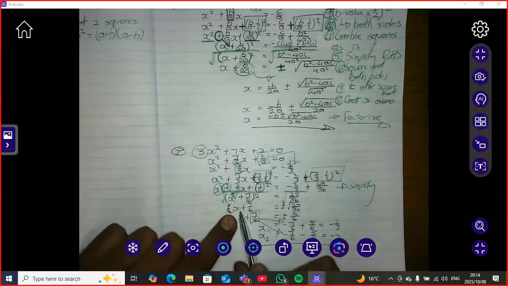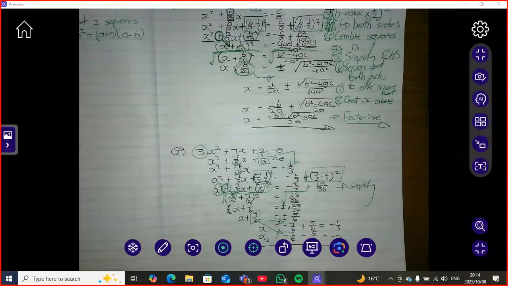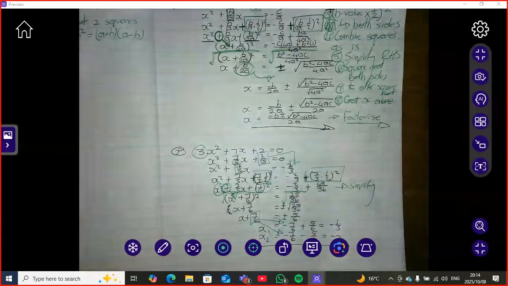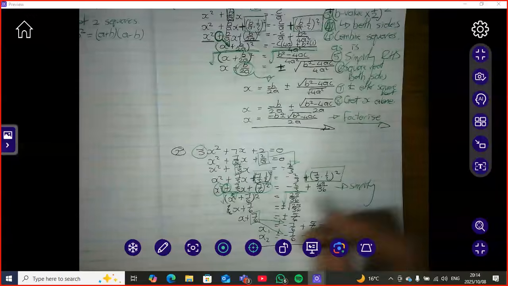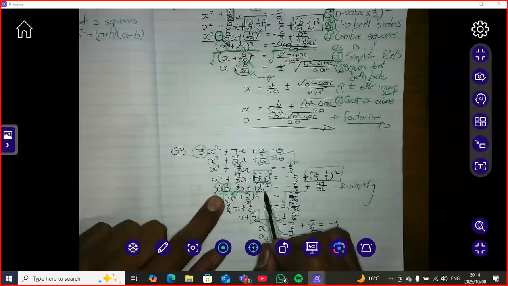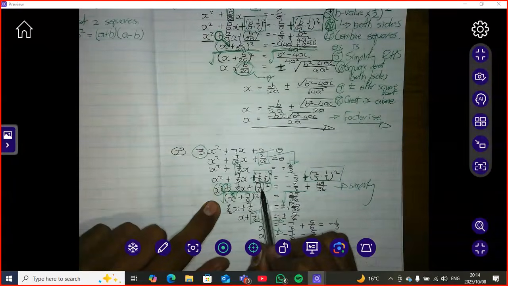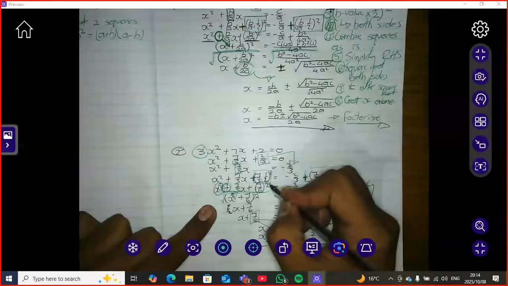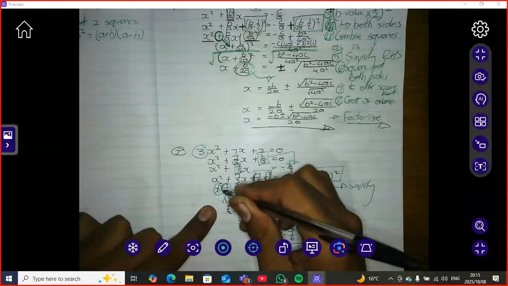Because my x, the square over here. So let's say this: the numbers that are squared here, the x squared and the 7 over 6 squared, let's say that this squared and this squared, they become one.